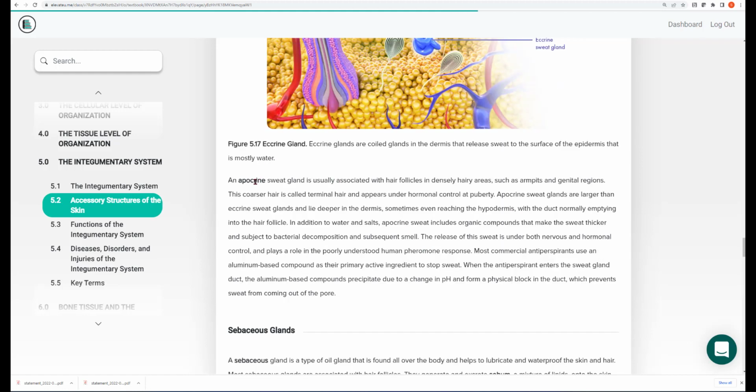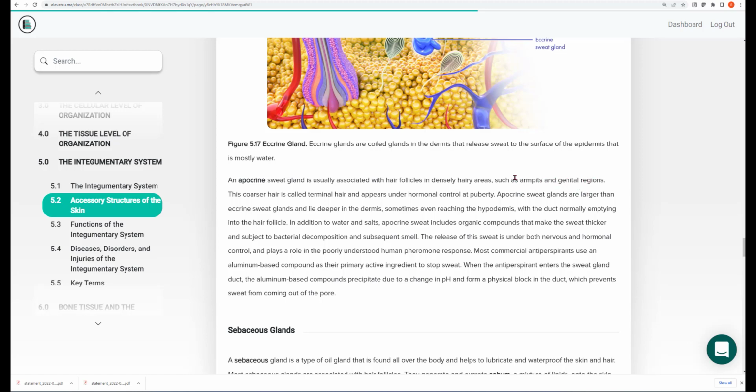Now, apocrine sweat glands. We've seen that word apocrine before. Remember, apocrine was also a method of release. Apocrine, remember, the apical portion of the cell was pinched off as, for example, breast milk is produced. Apocrine sweat glands are found in the armpits and in the genital region.